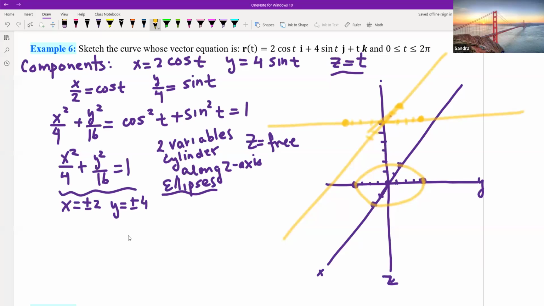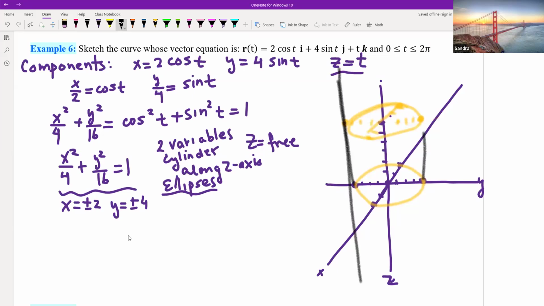And 1 and 2. And then you can have another ellipse over here. It's kind of hard to draw them, but we can have an infinite number of ellipses along the Z. And so then this will give me my cylinder right here.